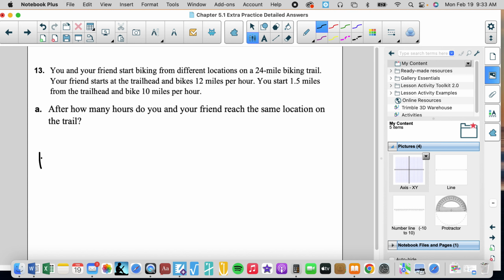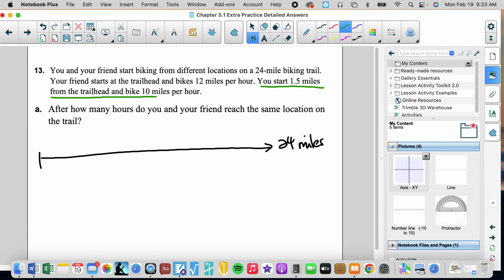So we have this trail, and that trail is 24 miles long. You start 1.5 miles from the trailhead, so that distance is technically 24 minus 1.5.